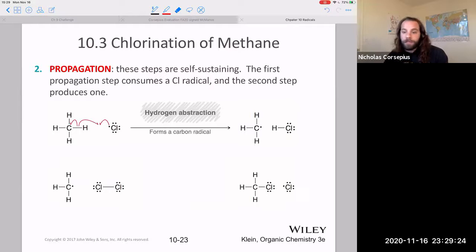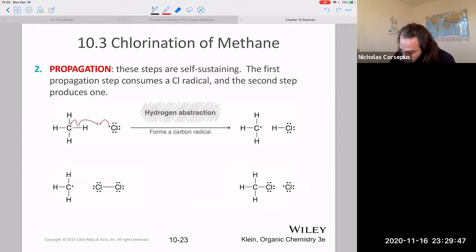This would be a propagation step, right? Because on the reactant side I have a radical, and on the product side I have a radical. So that's a propagation step. So then what happens next? This guy doesn't just stay like that. It's also highly reactive. So it's going to react with a molecule of chlorine gas that hasn't yet been homolytically cleaved, right?